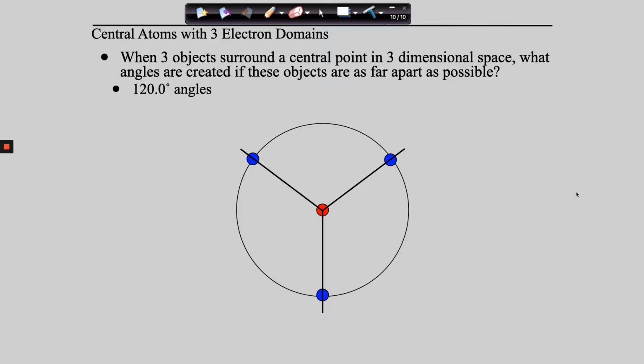So now, guys, we need to name this thing. And again, we've already established that the word for 3 is tri. But not quite. Here's the other thing we pick up on: they are all in the same plane. So we call this trigonal planar.